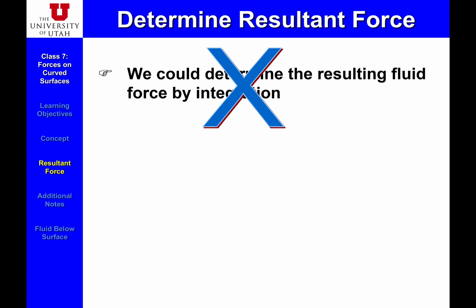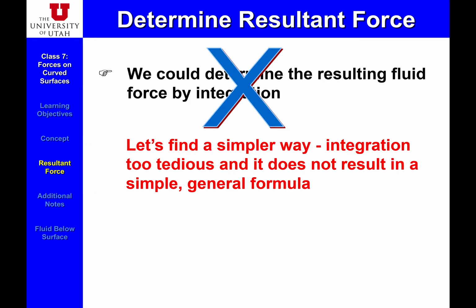Instead, we're going to take some simple methods of action and reaction. I used the example a few class periods ago that if we press our hand down on the desk, our hand is pressing against the desk, but the desk is also pressing up against our hand. And we're going to use that concept to simplify calculations for curved surfaces.